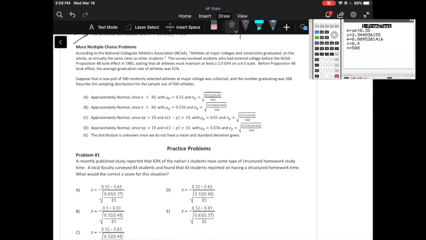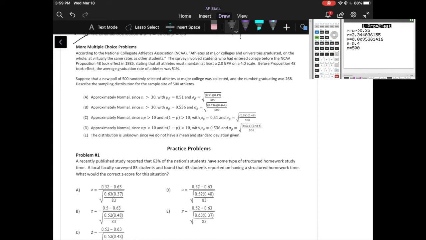Next. According to the National Collegiate Athletic Association, NCAA, athletes at major colleges and universities graduate on the whole at virtually the same rate as other students. The survey involved students who had entered college before the NCAA Proposition 48 took effect in 1985, which stated that all athletes must maintain at least a 2.0 GPA on a 4.0 scale.